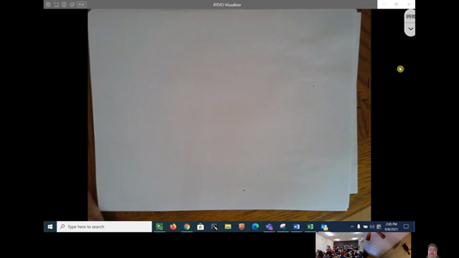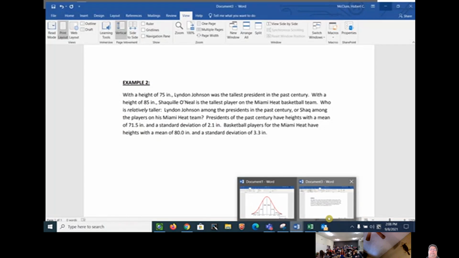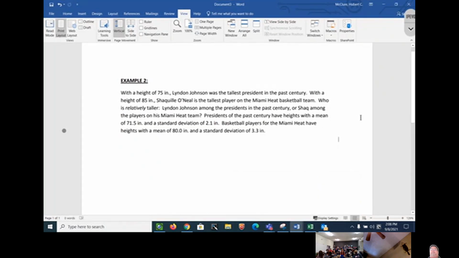So I want you to write what I'm putting on the board right now. I blew it up. Hopefully y'all can see it. It says the height of Lyndon Baines Johnson, LBJ, is 75 inches.